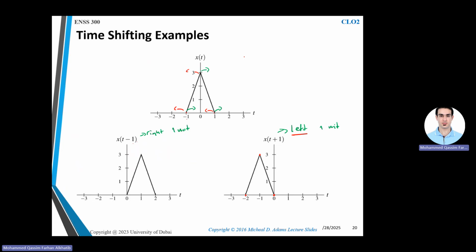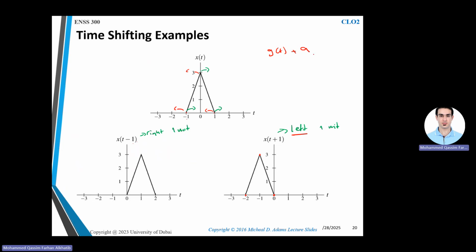Okay, so we've done amplitude scaling. We did time shifting. What about amplitude shifting? Let's say g of t plus a constant. Any idea?